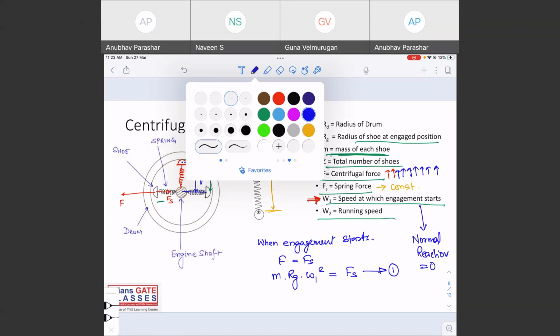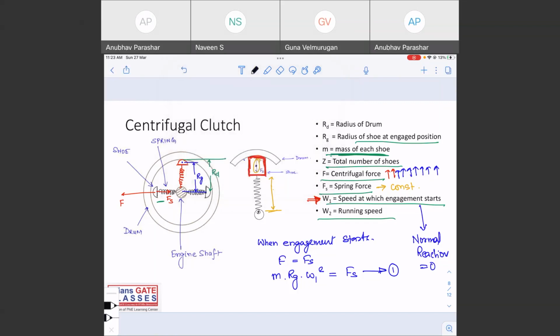Right? Now, as the speed keeps on increasing, what is going to happen?